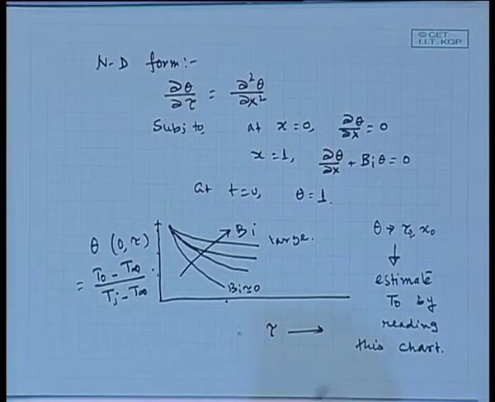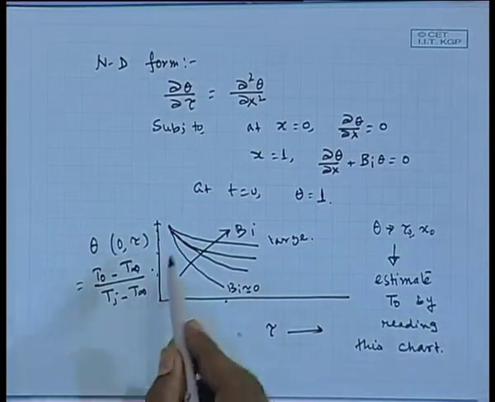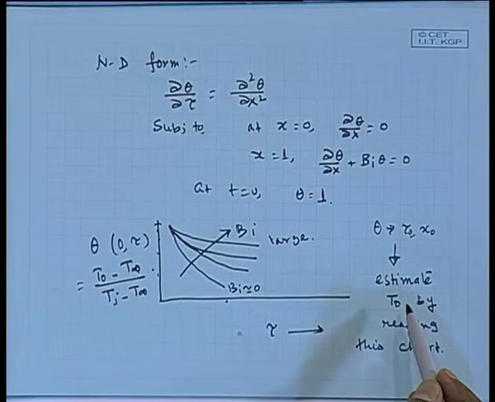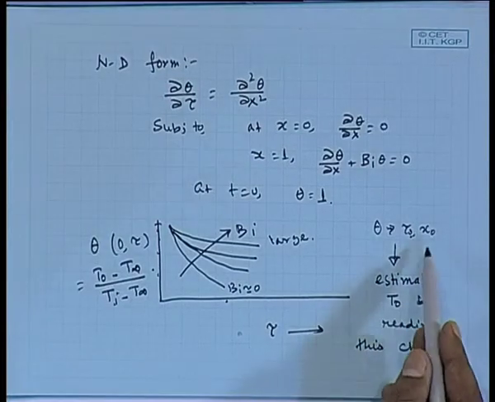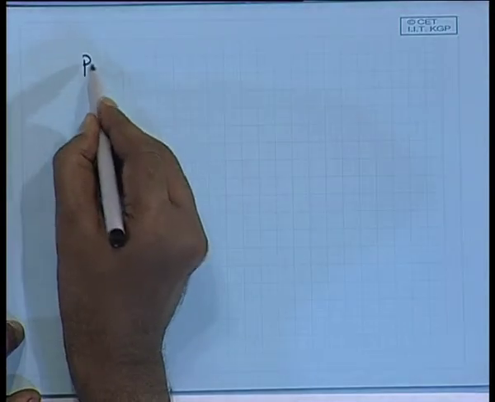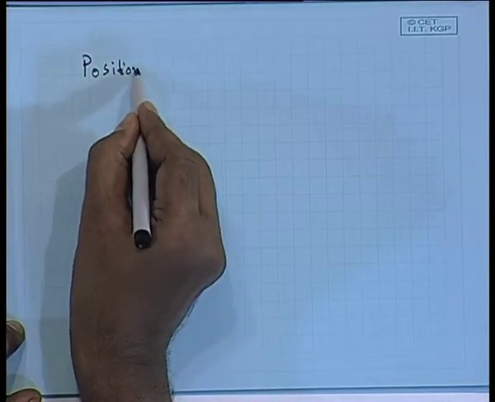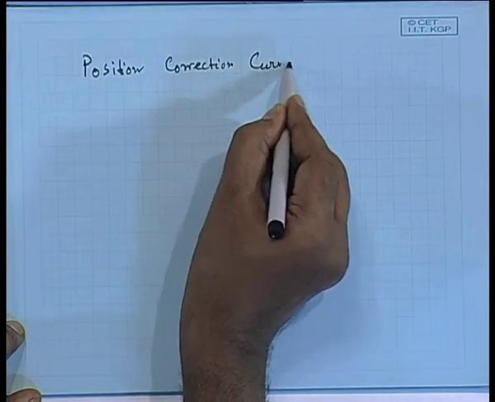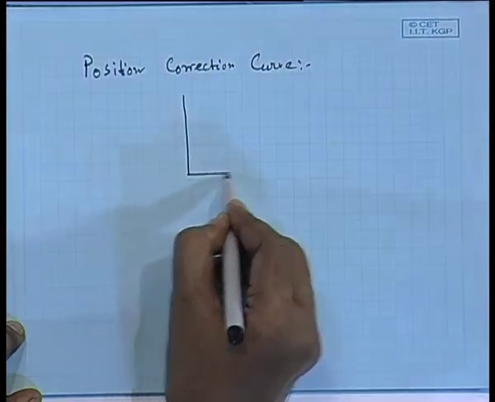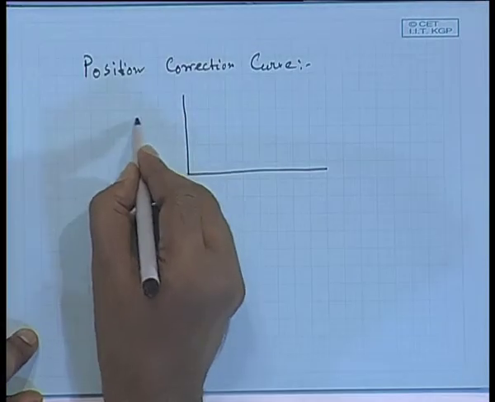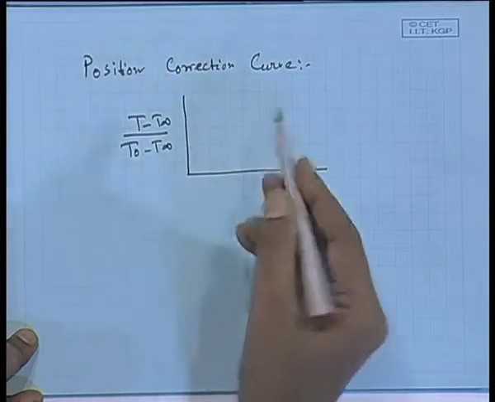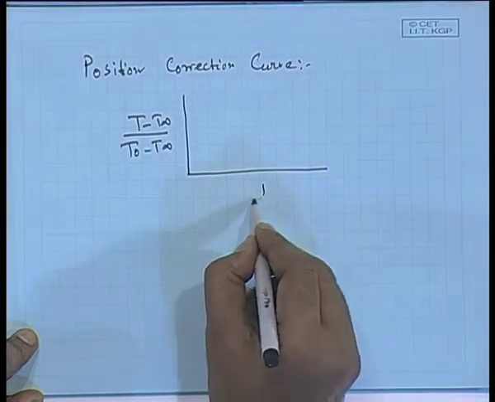Okay. Then they have given the position correction, because this temperature is at the central line, x equal to 0. Now, our aim is to find out at some x equal to something, let us say x naught. So, there is another curve, that is known as the position correction curve. This is (T minus T infinity) divided by (T 0 minus T infinity) for different inverse of Biot number.